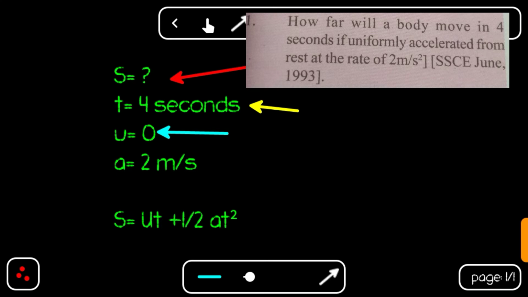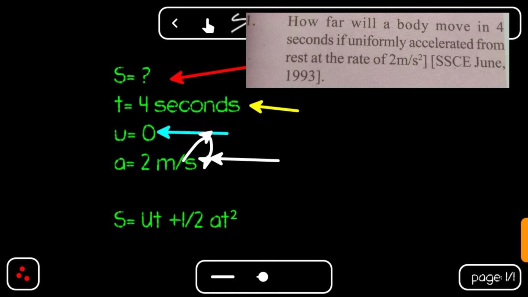Then, if uniformly accelerated from rest at the rate of 2 meters per second square, we can see that our acceleration is 2 meters per second square. Sorry, let me add the square quickly.